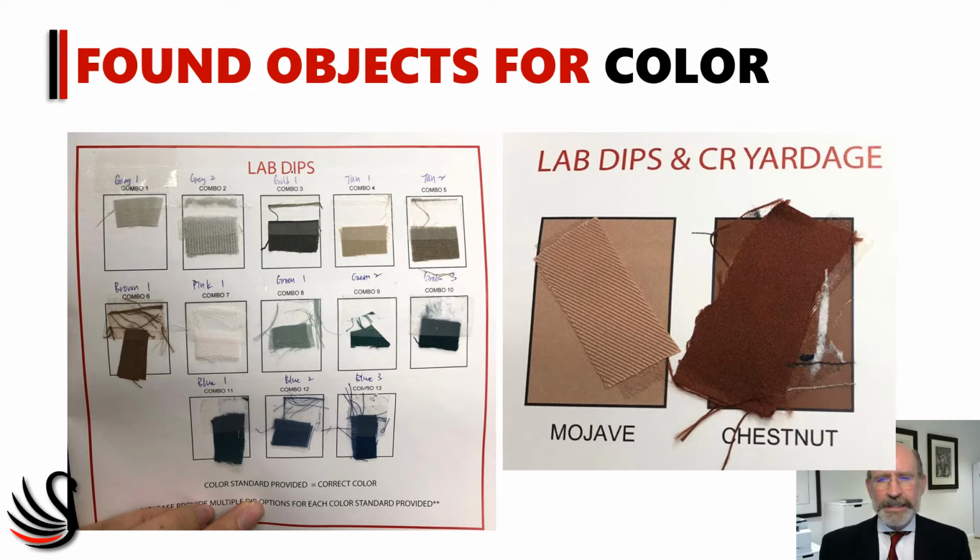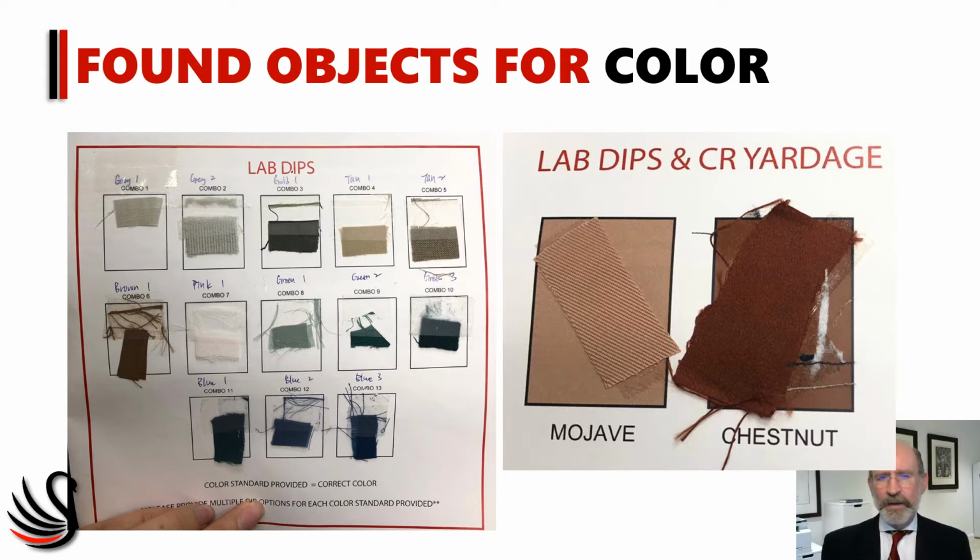And so these found objects are cut into little pieces and they're distributed. The designer keeps a set, the product developer keeps a set, sourcing office keeps a set. By the time it gets to a mill, there's this little piece of fabric that's barely big enough to see. And the mill is expected to be able to match that color.